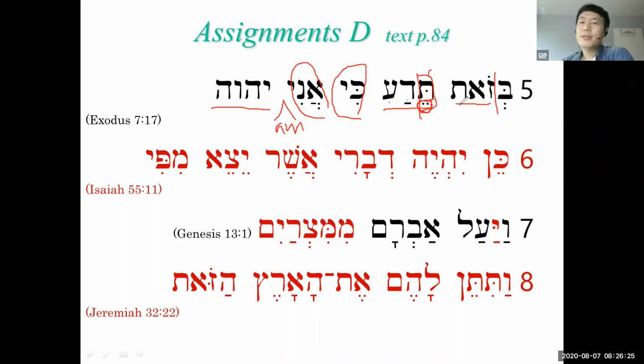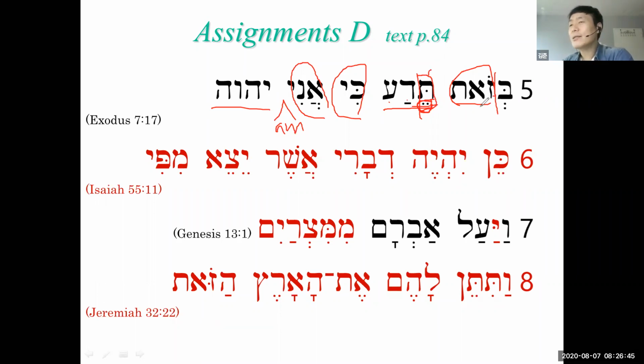Sharon is trying to say that, all right, zot is a feminine word. As I said, this one has two possibilities, 3 FSG and then 2 MSG. So Sharon thinks this one should be feminine because of the presence of zot, right?